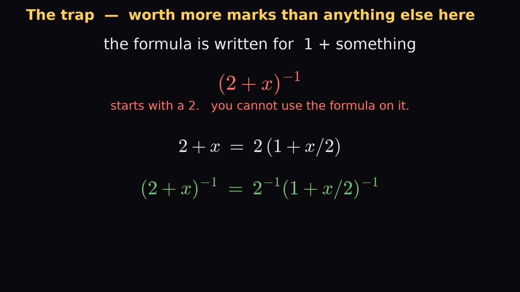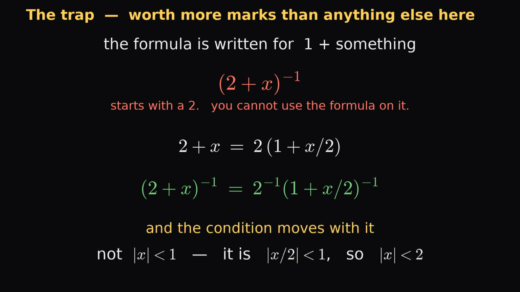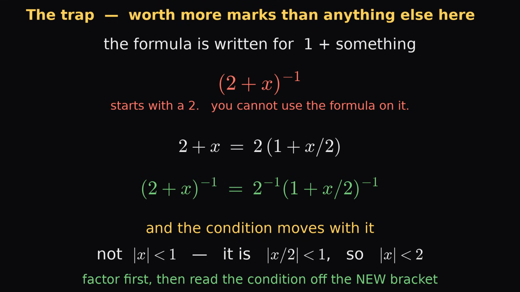And here's the part people forget. The condition moves with it. The something in the bracket is x/2 now. So it is the size of x/2 that has to be below 1, which means the size of x less than 2. Factor first, then read the condition off the new bracket.